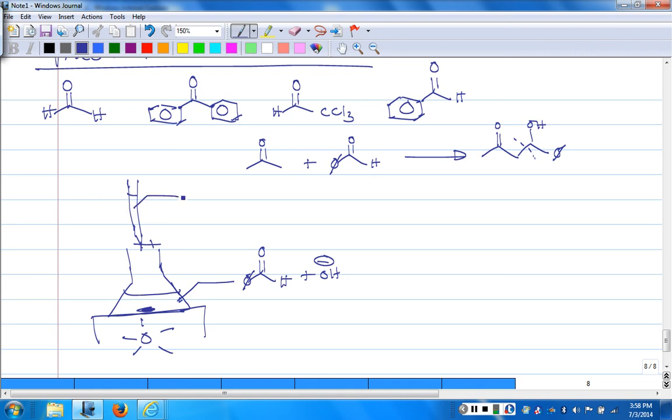In the dropping funnel, I'm going to put my enolizable carbonyl. And I will add, drop by painful drop, the solution of my acetone, or it could just be the acetone. This solution is going to be stirred rapidly, right? Rapid stirring.